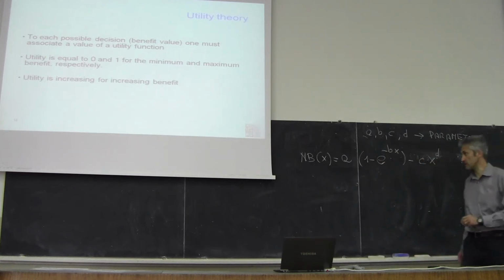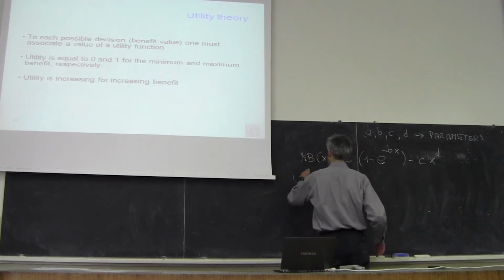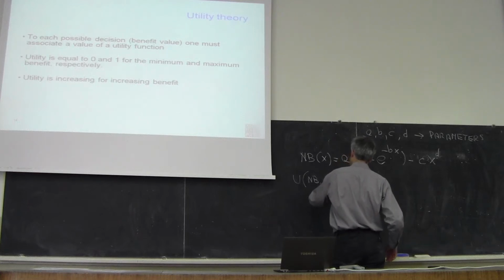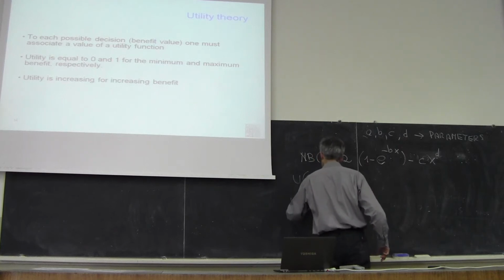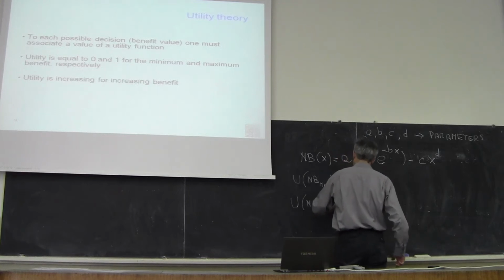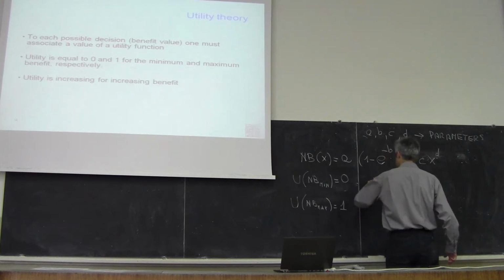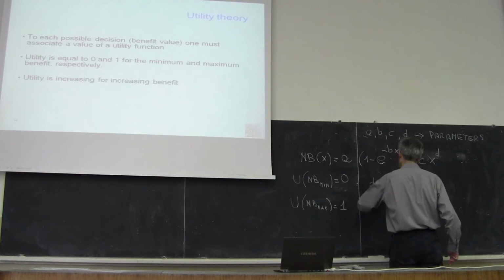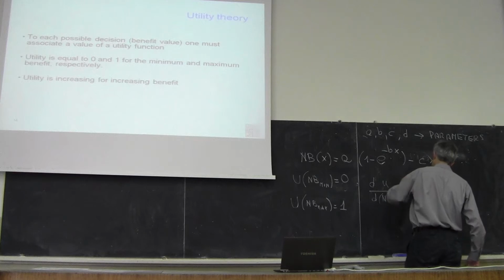In mathematical terms, we can say that the utility of the minimum benefit is equal to 0, the utility of the maximum benefit is equal to 1, and the derivative of the utility with respect to the benefit is greater than 0.